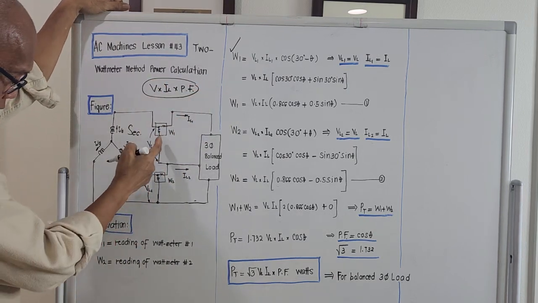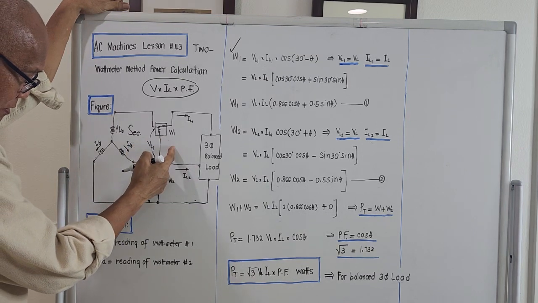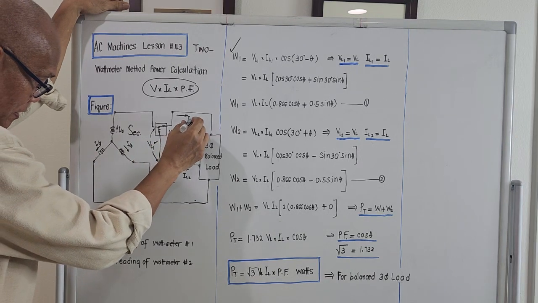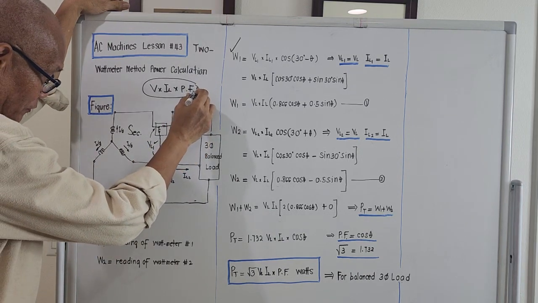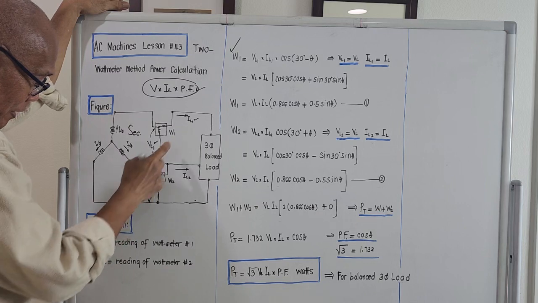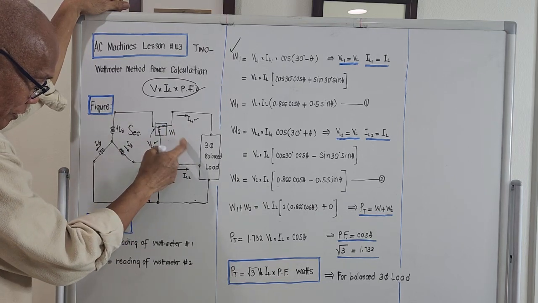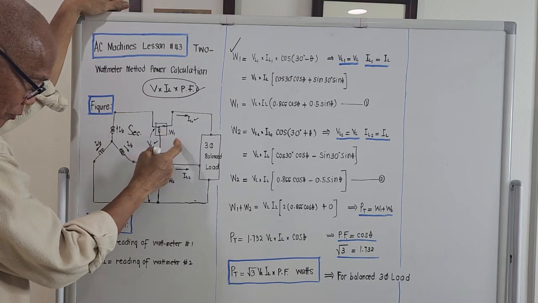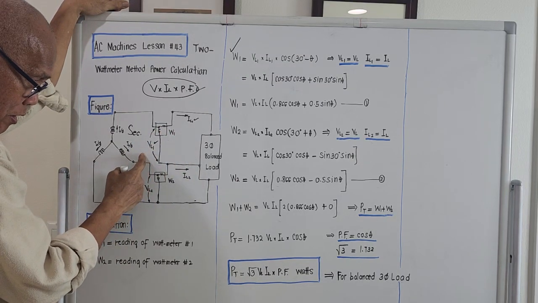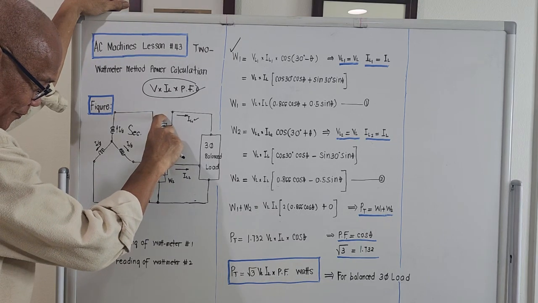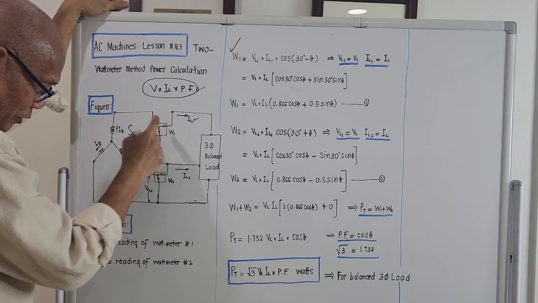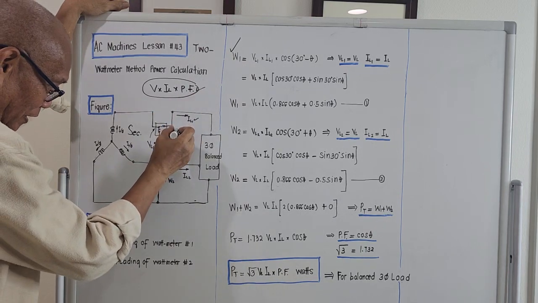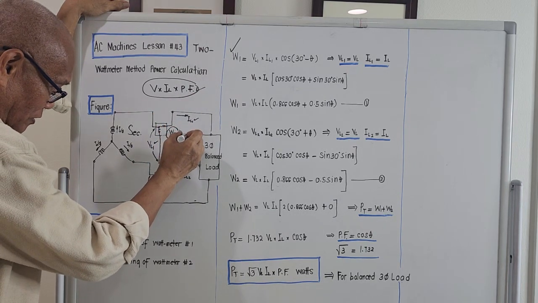To take the reading of wattmeter number 1, we take the product of BL1, IL1, and its power factor. The current passing through the current coil of wattmeter number 1 is IL1, and the voltage measured by its voltage coil is BL1. So to get the reading, multiply that current by that voltage times the power factor, and that will be the reading of wattmeter number 1 in watts.